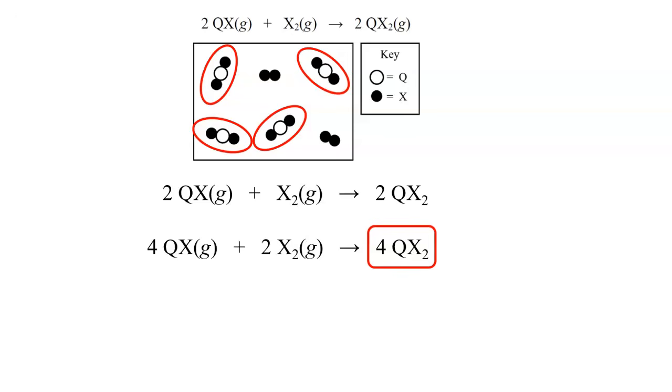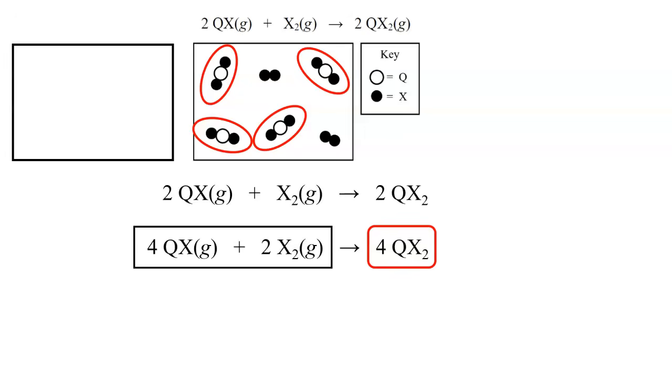That means that it would have come from the reactants that you see on the left side of the equation. So the reactants that would have produced 4 molecules of QX2 are the following: 4 molecules of QX, which I'm going to represent in that particle diagram in the upper left corner of this slide, and 2 molecules of X2.